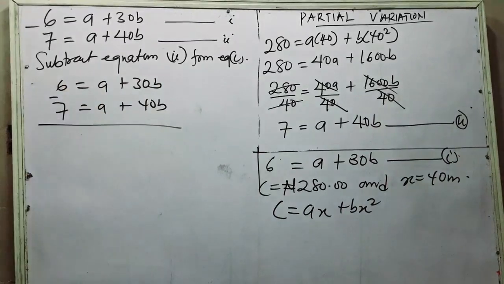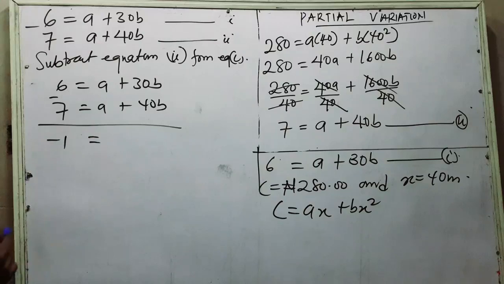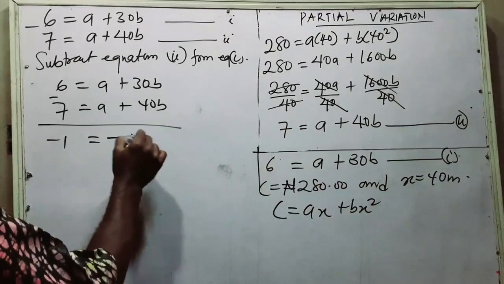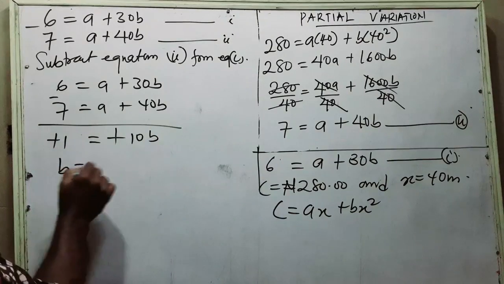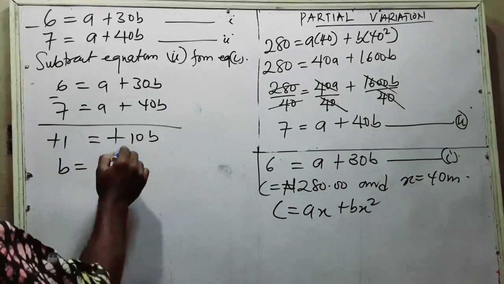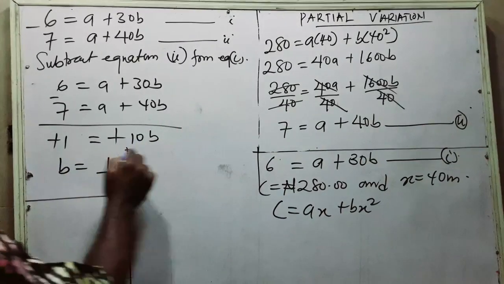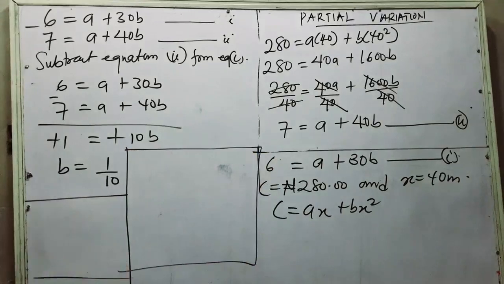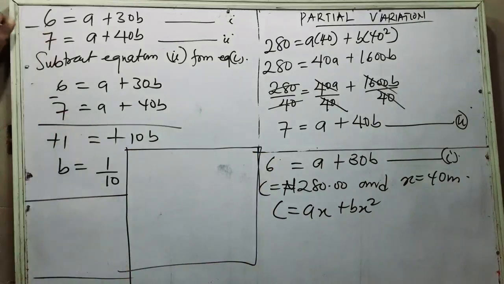Let's put minus. We have minus 1 is equal to minus 10b. We cancel the minus, so b is equal to 1 over 10. If b is equal to 1 over 10, let's substitute into any of the equations.